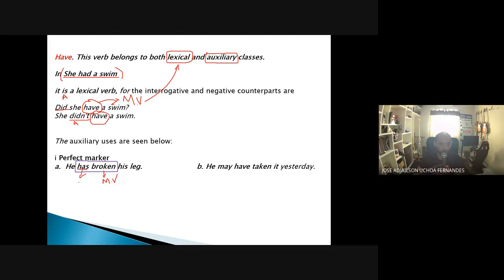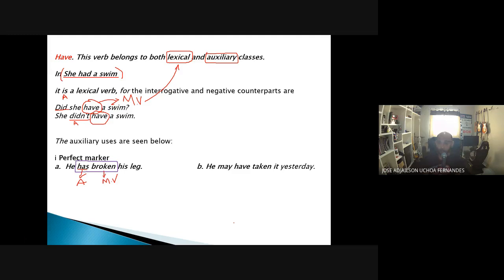And how do you know that? You know that by producing interrogative and negative versions. He has not broken his leg. So have takes a not after it. Has he broken his leg? The verb to have is inverted with the subject to form the interrogative.